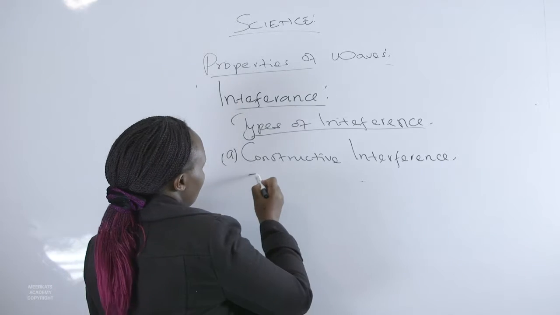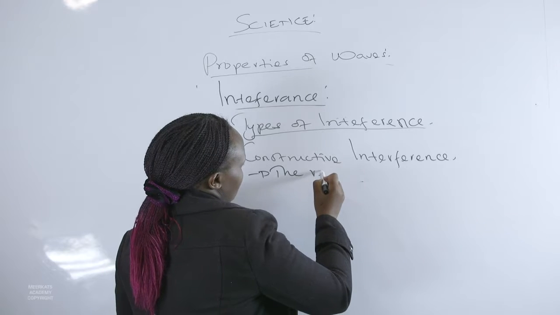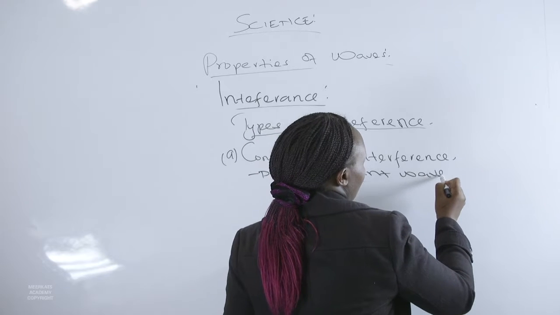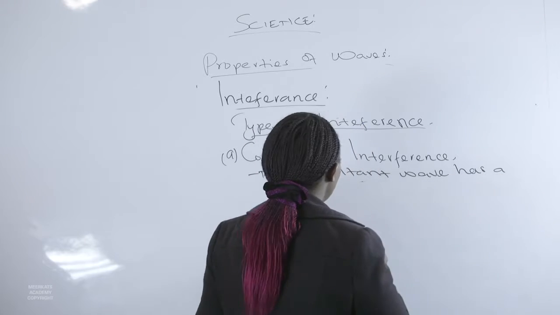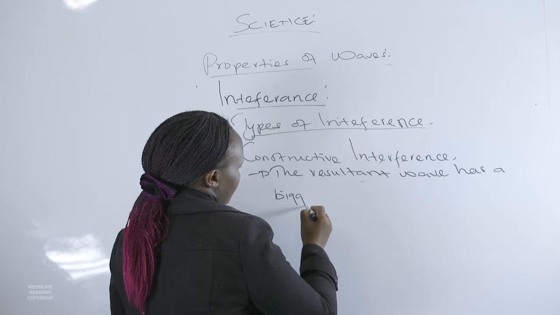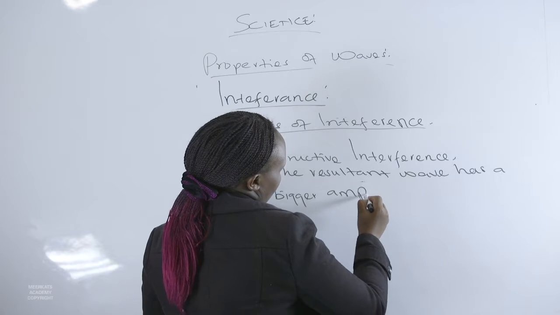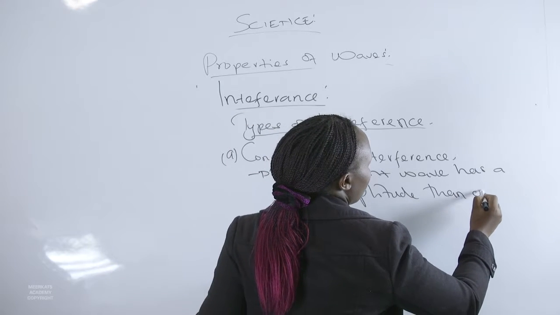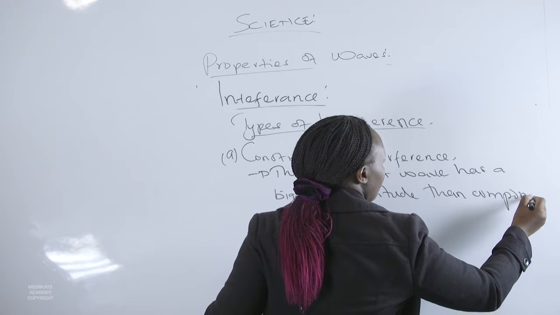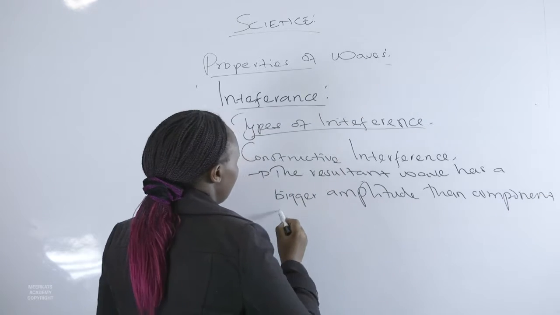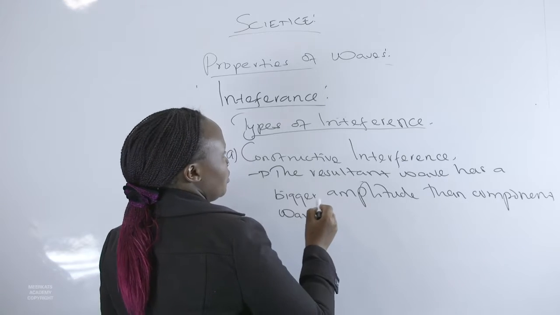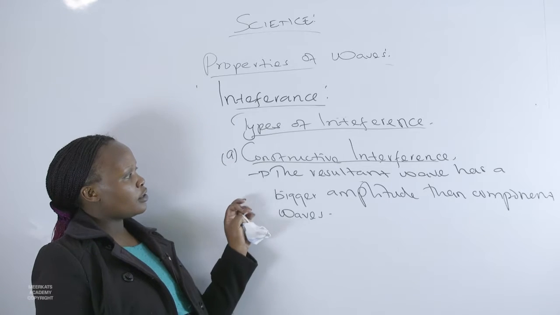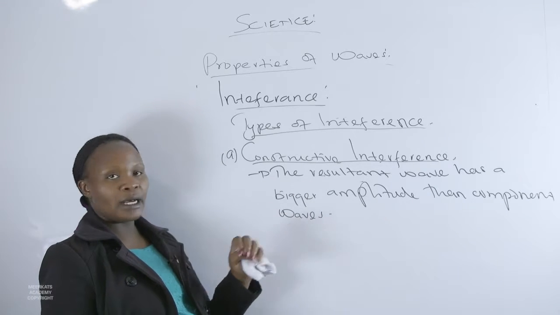It is when the resultant wave has a bigger amplitude than component waves, where we have the resultant wave having a bigger amplitude.